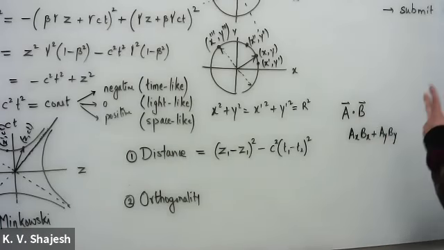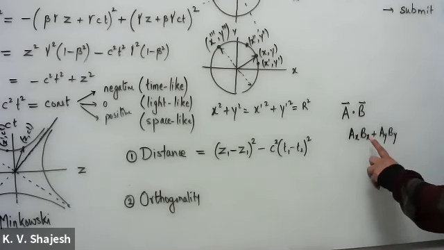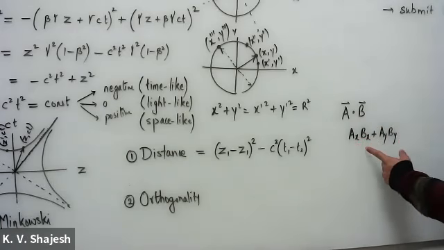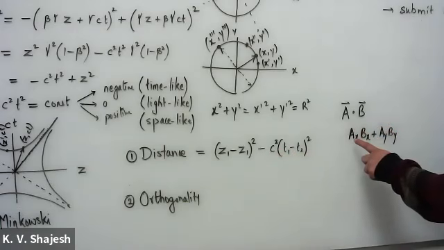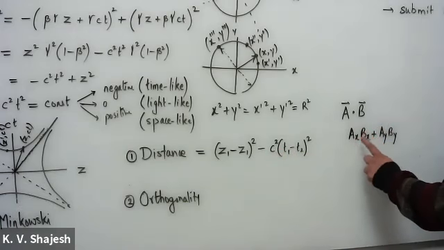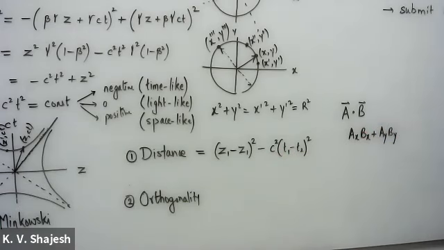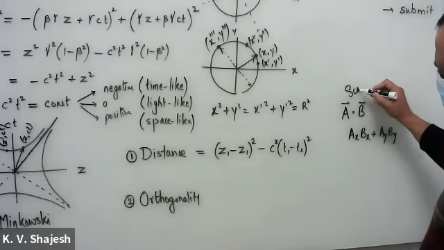And then there are two things I can do. If I choose A and B to be the same, that defines my distance. If I choose this to be x and the same vector A is also x, this becomes x squared and that becomes y squared. This is called the scalar product.